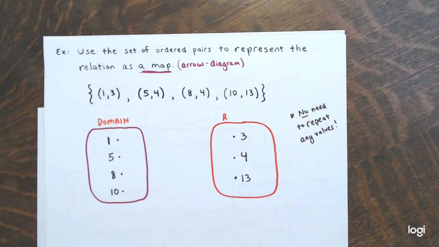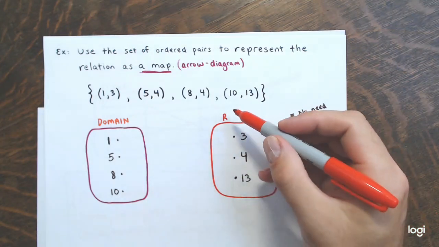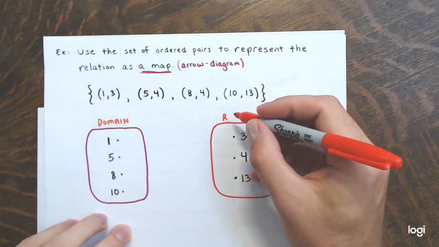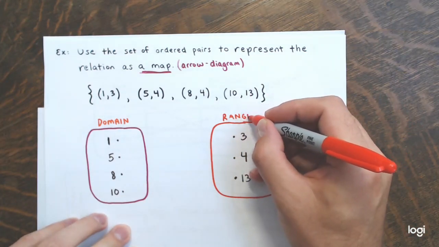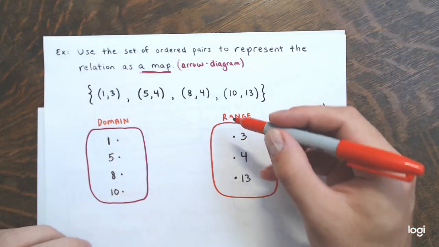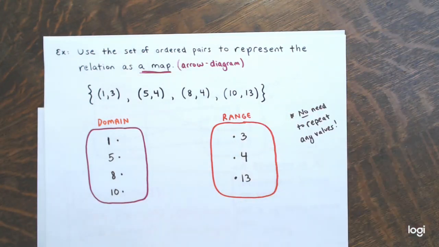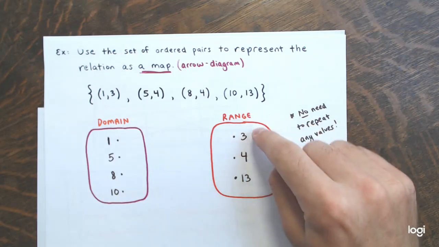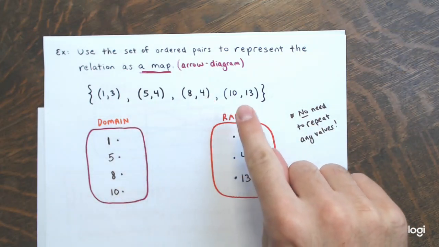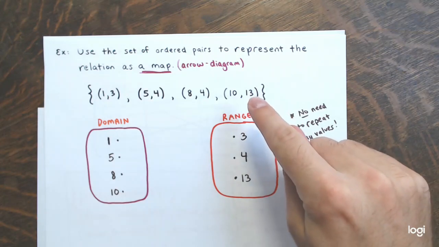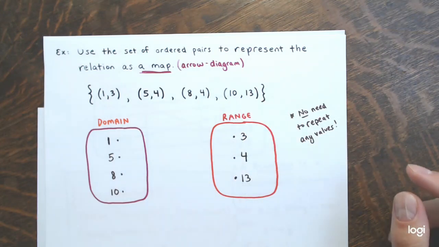If you want more detail on this difference between target and range, maybe look for videos in discrete mathematics. Alright, so for our intermediate algebra purposes, this second set with all the second coordinates of the ordered pairs in there is called the range.